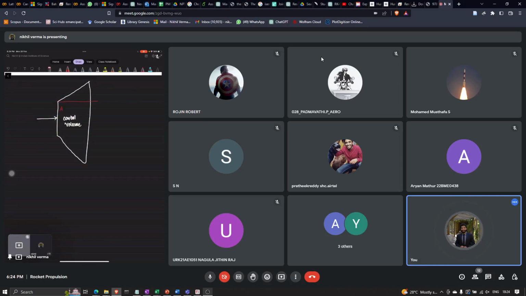and this part is dA, basically these two surfaces together make dA, or this can be written as dA by 2 and dA by 2.